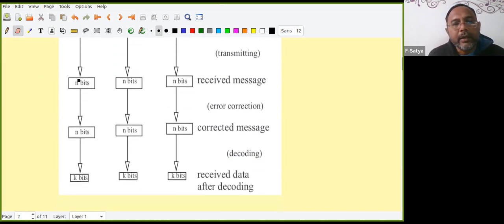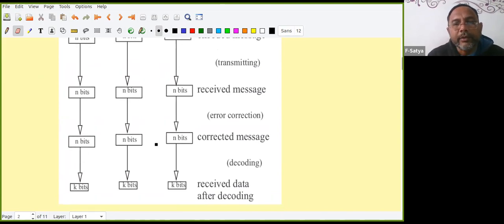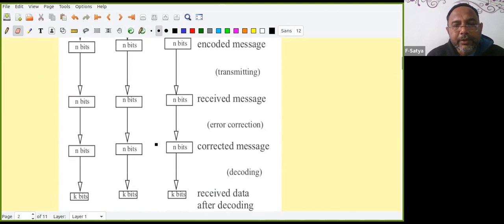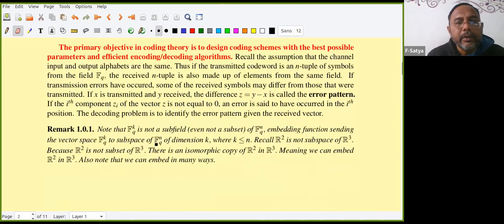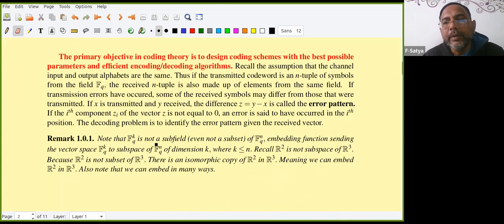So we'll correct it to the correct code words. We'll try our level best. Then decoding. Decoding converts these N bits to K bits. This is the entire process. I'm just recalling one more time. So the primary objective in coding theory is to design coding schemes with the best possible parameters and efficient encoding and decoding algorithms.